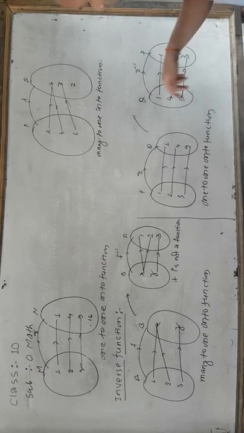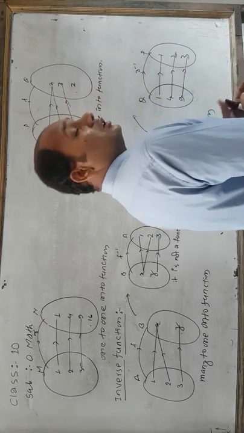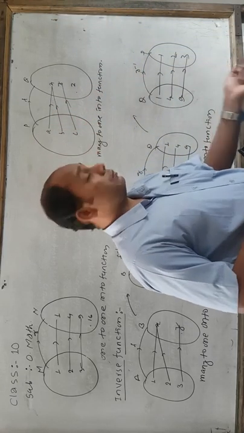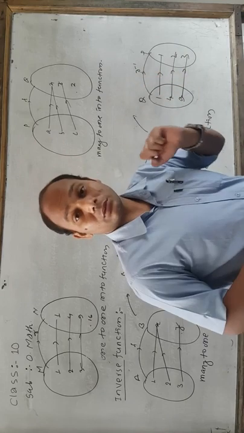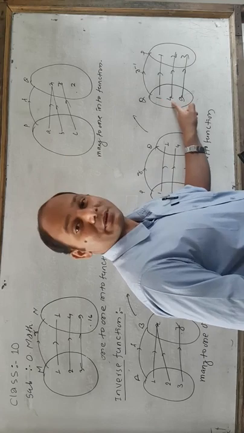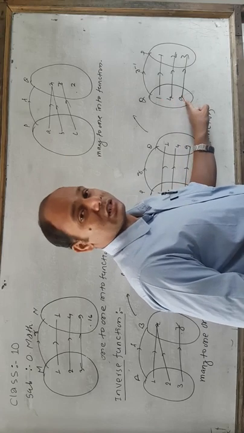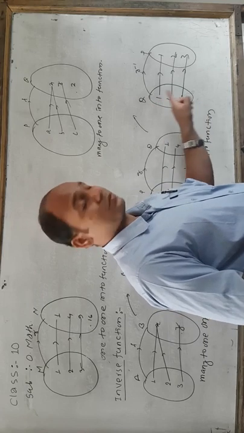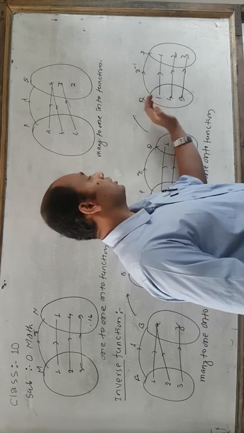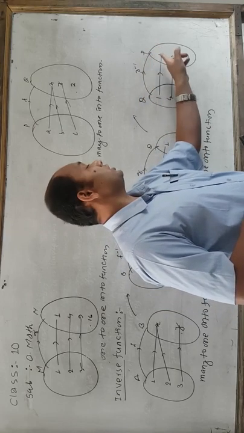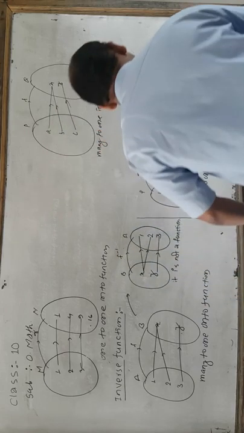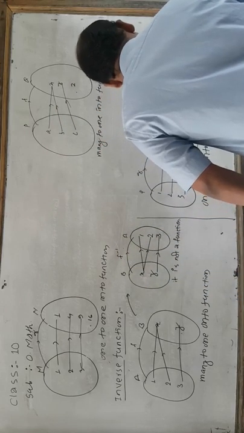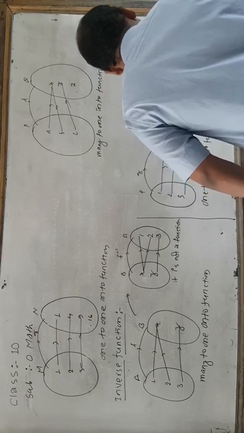So when we find its inverse, it is a relation, but this relation represents a function because it follows the definition of the function. Each and every element of the first set, that is Q, maps with a unique element of the second set, that is P. So it is a function.